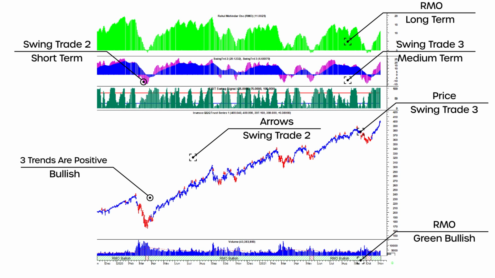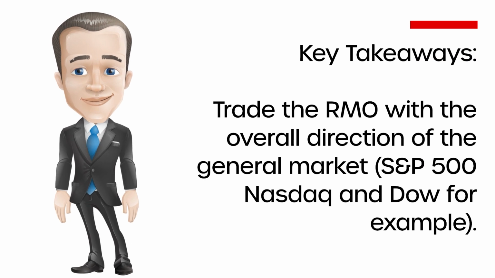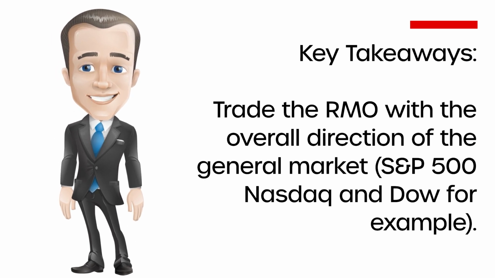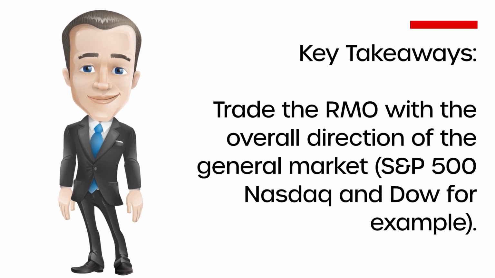On another stock pattern, if the RMO long-term indicator is below 0, with the swing trade 2 confirmed by the swing trade 3, it is an indication to go short and definitely sell all your positions.